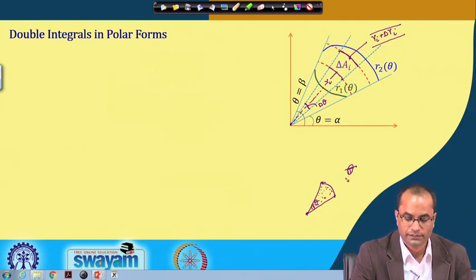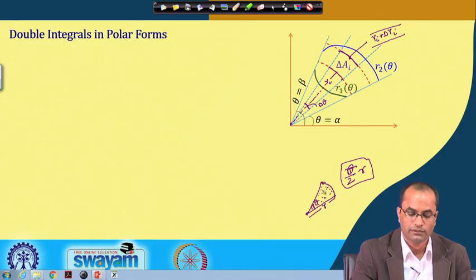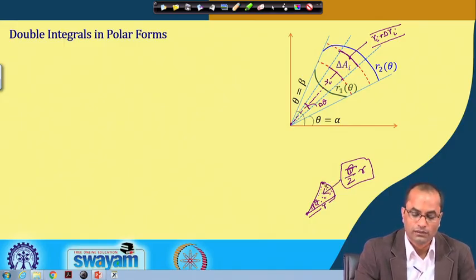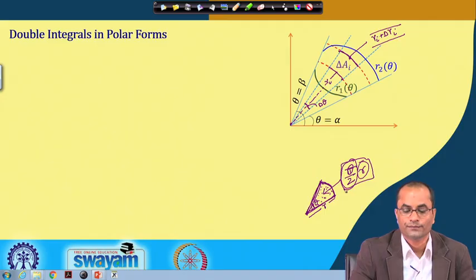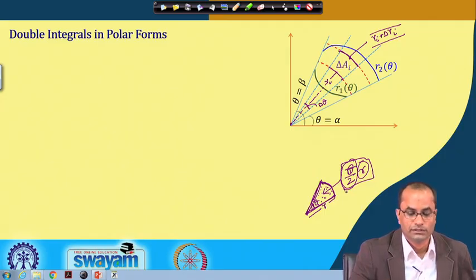So, the angle is theta by 2 and the radius r. That will be the area of this region by this circular arc, which is making an angle theta at this point. So, we will be using that now in this consideration.